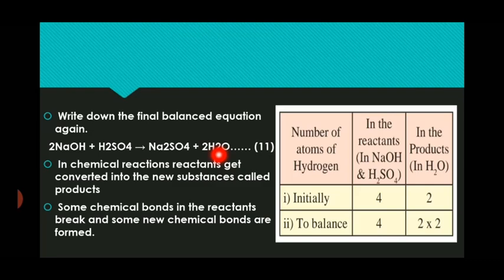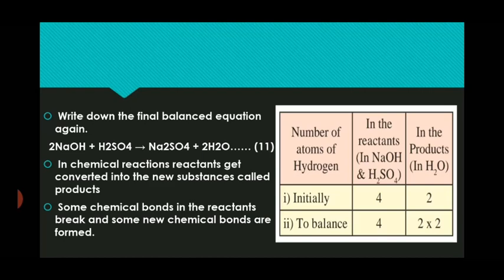Now again check the number of atoms of all the elements on the left hand side as well as the right hand side. Sodium is 2 and 2. Oxygen is 6 and 5. Hydrogen is 4 and 2. Sulfur is 1 and 1. Again we try to balance the equation.